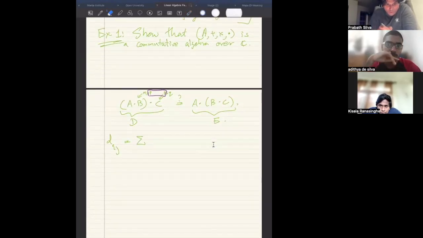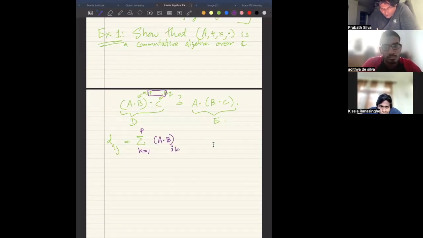So let's put a dummy variable, k equals 1 up to p. The ik-th entry of AB times the kj-th entry of the matrix C. Okay.